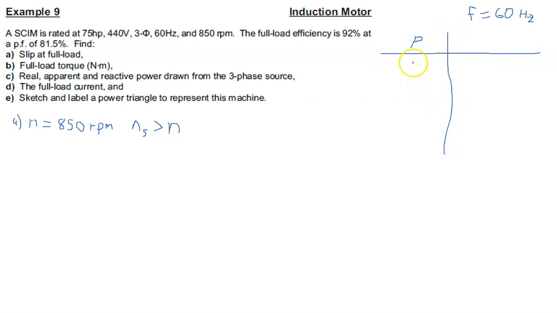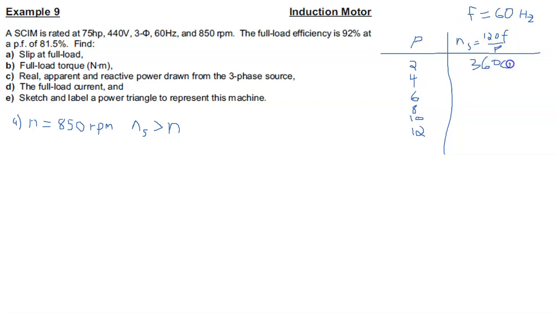So that means 2, 4, 6, 8, 10, 12, and so on. And NS then is equal to 120 times F, which is 7200, divided by P. And we have 7200 over 2, 3600.